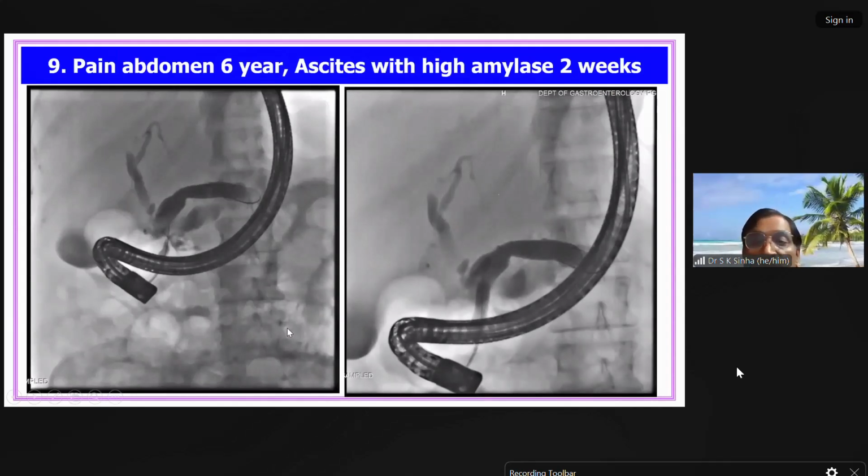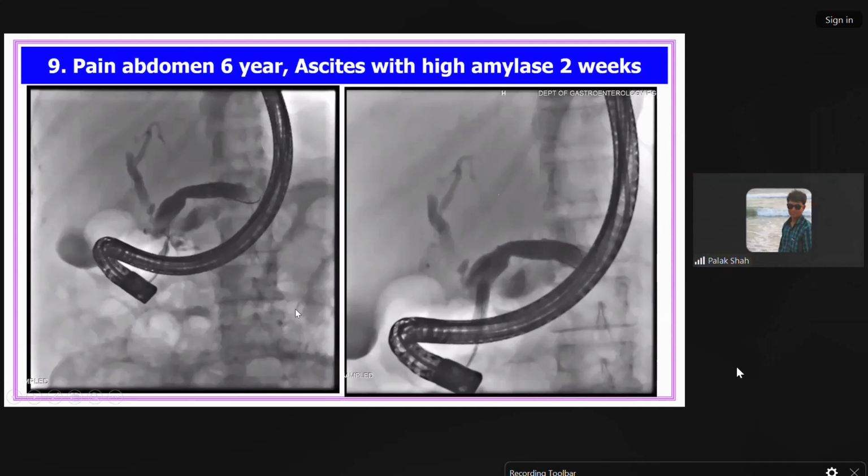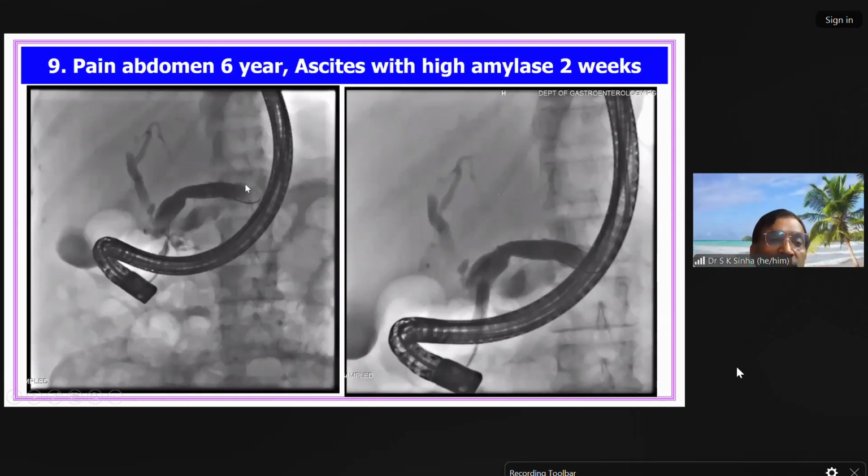So now again, what you are seeing is the semi-long position of the scope. By now you recognize the semi-long position. Long position will go still further down. So you have the bile duct cholangiogram, you have the pancreatogram, but interestingly, you have a dilated pancreatic duct, grossly dilated, because this is 12 millimeter, so it is at least 10 millimeter dilated duct.